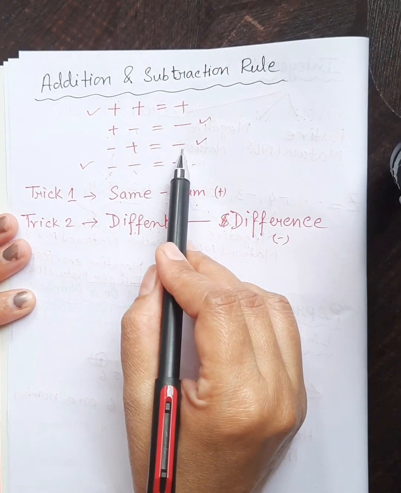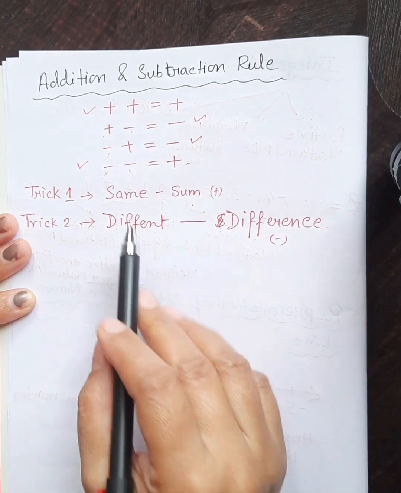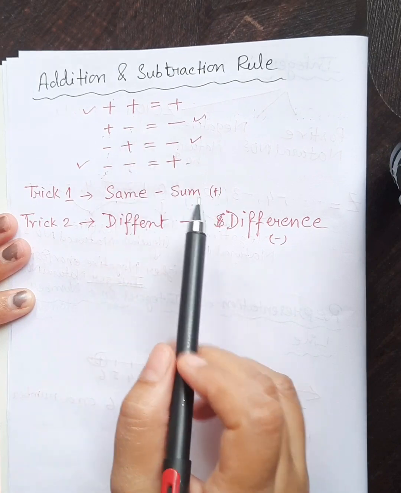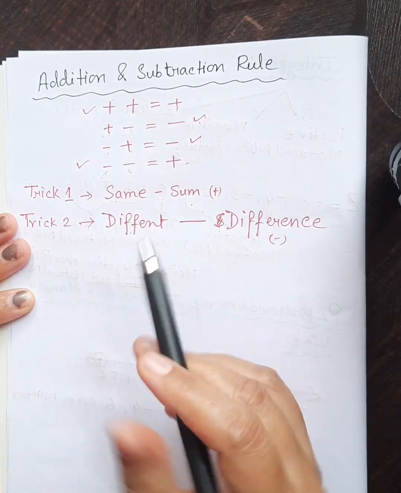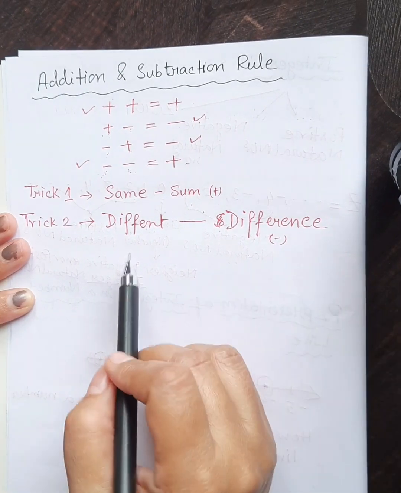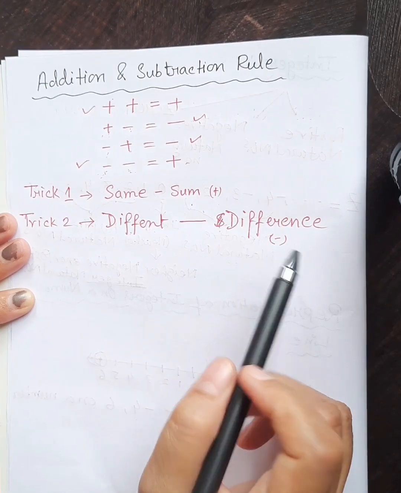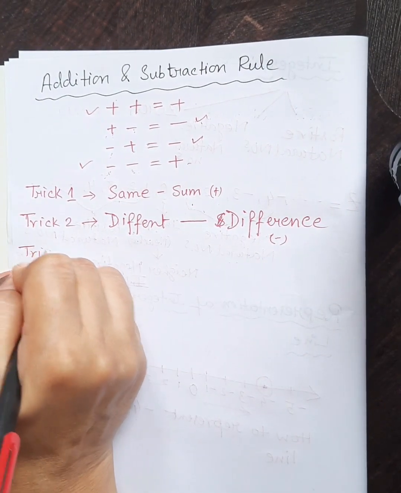That's why we find their difference. So we just need to remember: same sum, if the sign of both integers is the same, we find their sum. And trick number 2, difference: if the sign of both integers is different, we find their difference. Clear? Very easy.